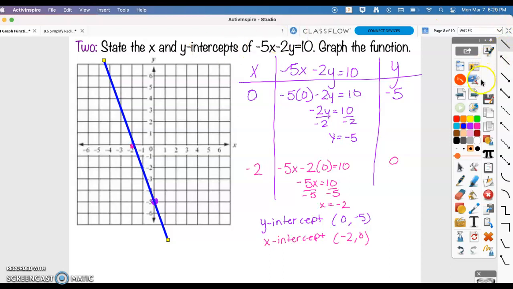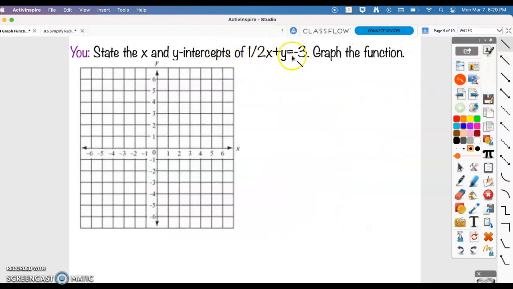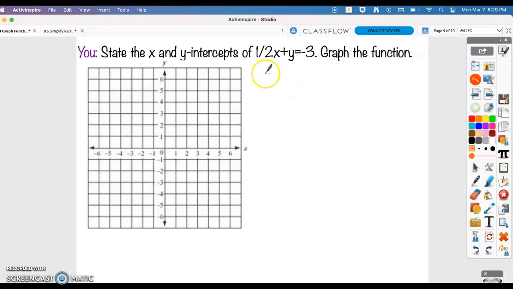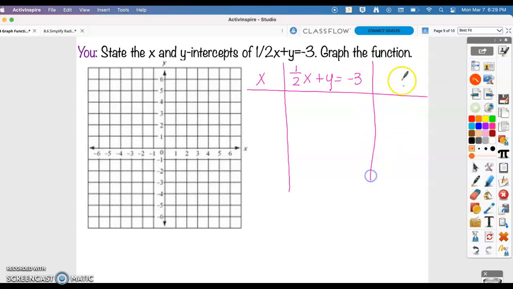Okay, and last one. Again, it's in that standard form. Can't easily plug in things here. So we have 1/2 times x plus y equals negative 3. Start by plugging in a 0 for x.